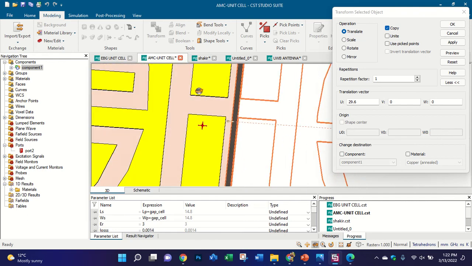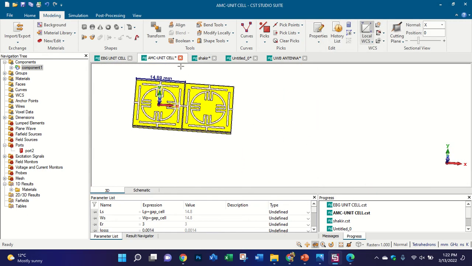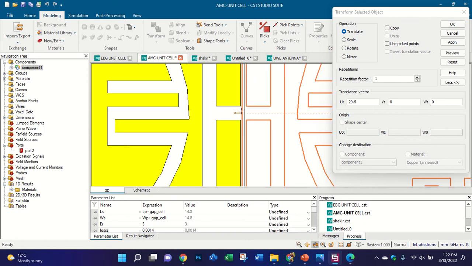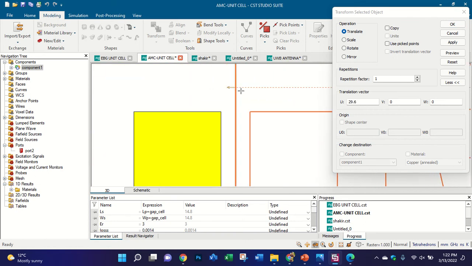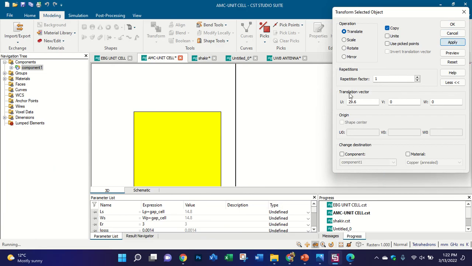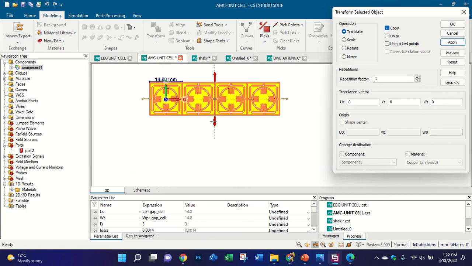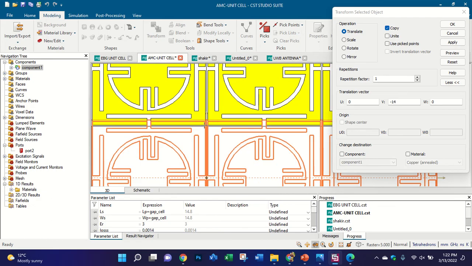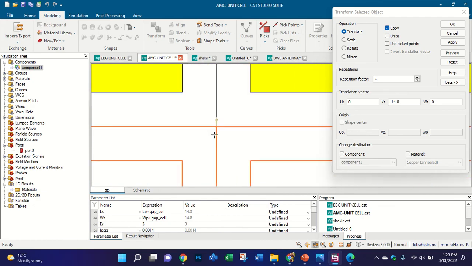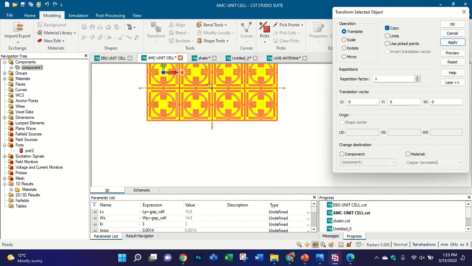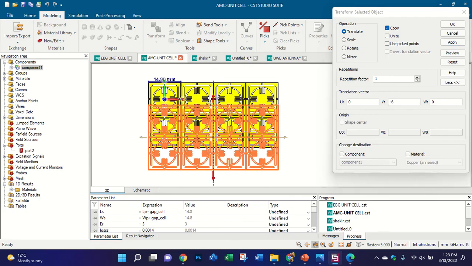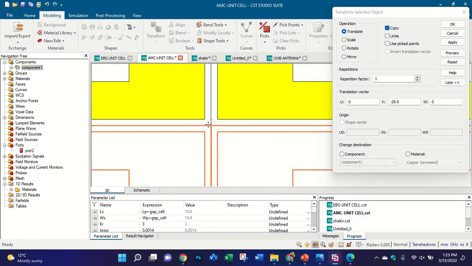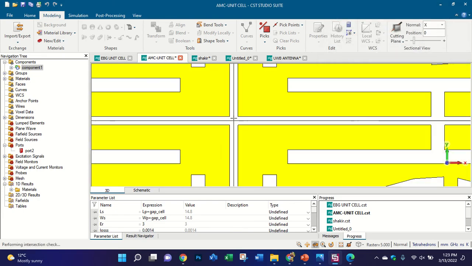Is this connected or not? Now we will move downward. We need 4 cross 4. Okay, now we have a 4 cross 4.